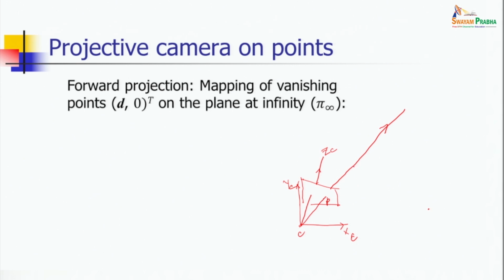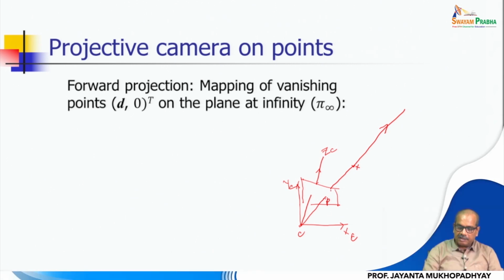All the scene points lying on this line are mapped to this particular point P. Now what is the farthest point that could be mapped here? The farthest point is actually the point at infinity, but there is a direction associated with it. If this ray has a direction D, then towards infinity, the point lying at infinity can be represented by D0 in the homogeneous coordinate system.